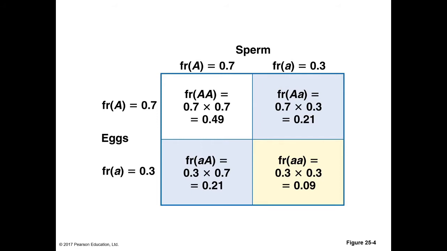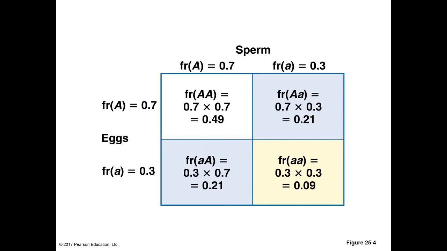What about big A, small a? 0.7 times 0.3 is 0.21. What about small a, big A? 0.3 times 0.7 gives 0.21. What about small a, small a? 0.3 times 0.3 is 0.09.